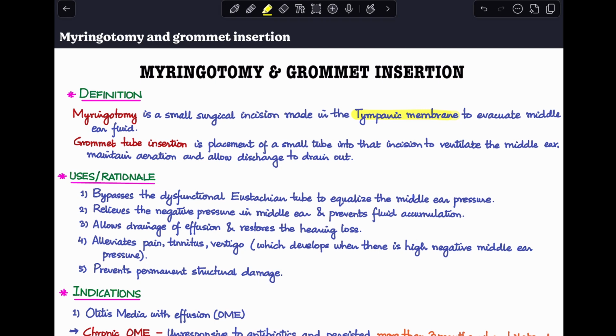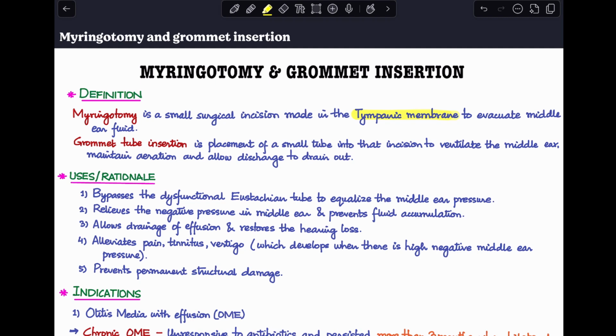Second, once it is ventilating the middle ear, it is relieving the middle ear of the negative pressure that is developed in these cases, and therefore preventing the fluid accumulation that happens in otitis media with effusion. Third, it is also draining this fluid, the effusion occurring inside the middle ear, and therefore restoring the hearing loss that is seen in otitis media with effusion.